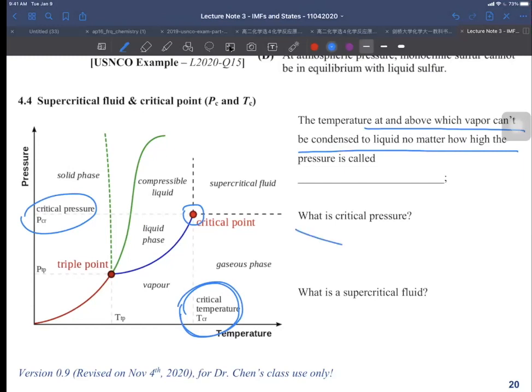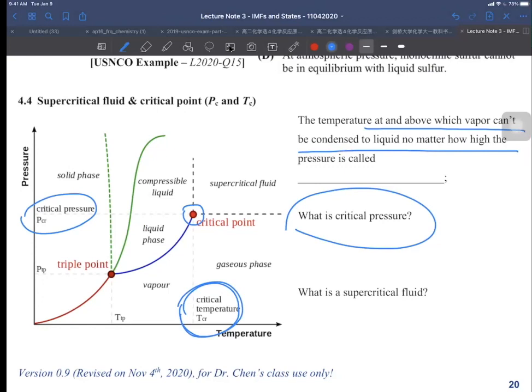Similarly, we can define the critical pressure, which means there is a limit of the pressure. If the pressure is higher than this value, no matter how you lower the temperature, you cannot condense the vapor, right? It's quite similar.